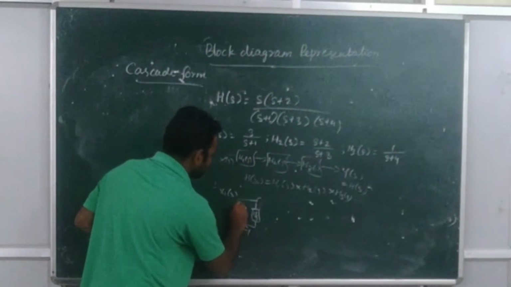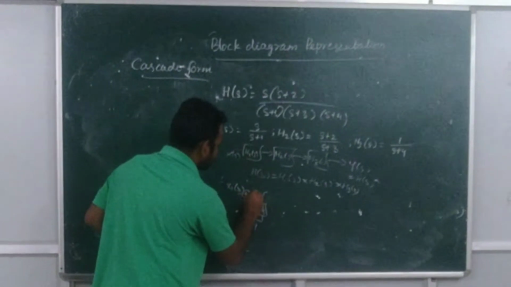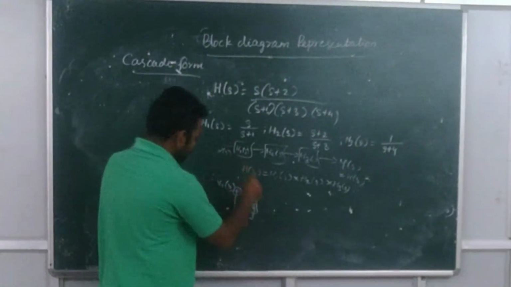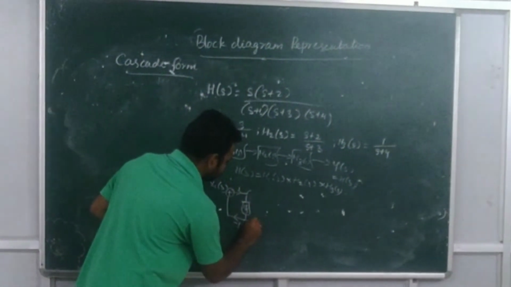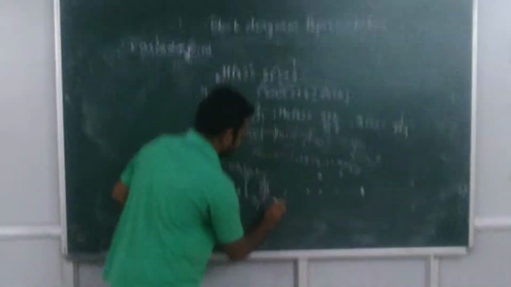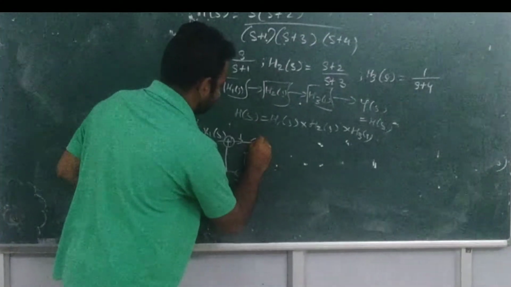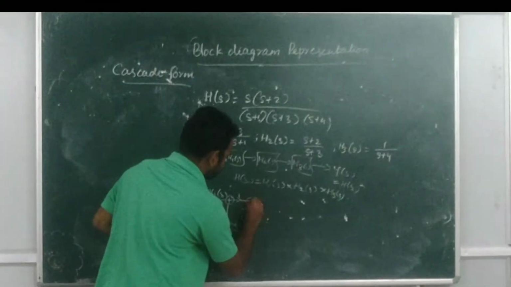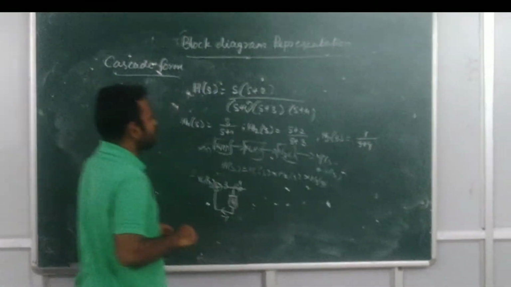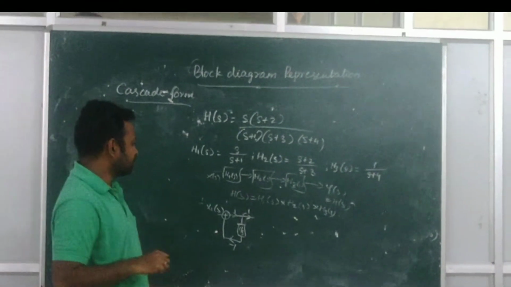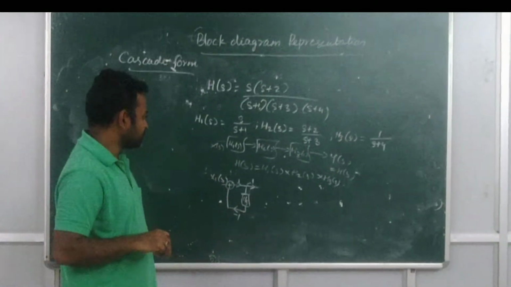It is minus 1 and here it is 1. Here the amplitude is 1. So this is for s by s plus 1.